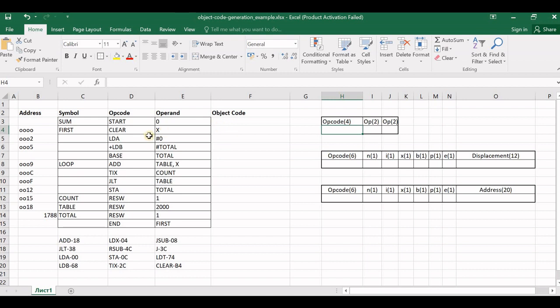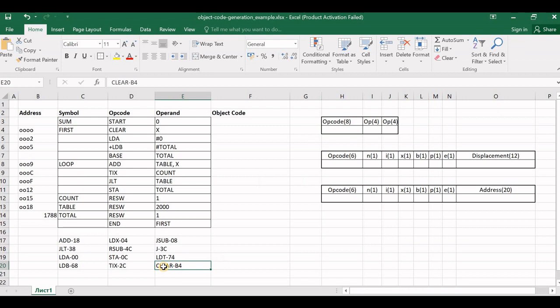Let's start with the generation of the object code for clear X. So here you have 8 bits for the opcode, 4 bits for the first operand and 4 bits for the second operand. When you check the opcodes here, what is the opcode for clear?